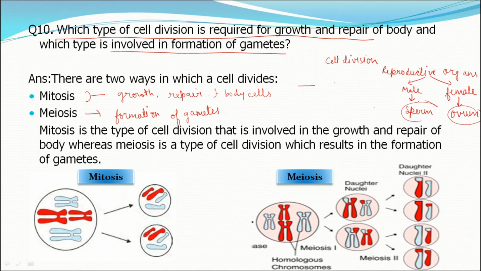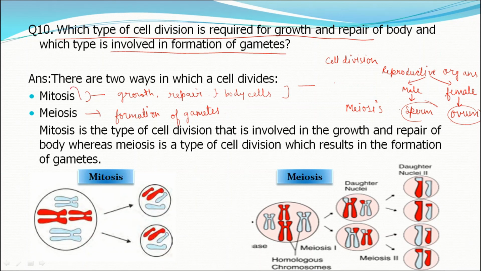And the production of sperm and ovum occurs by the process of meiosis. So meiosis occurs in the formation of gametes, and mitosis occurs for growth and repair of the cells.